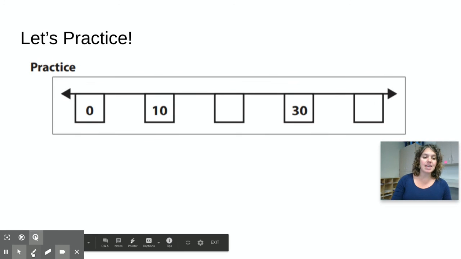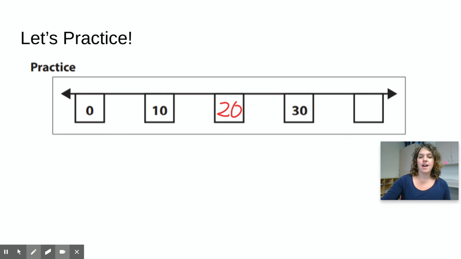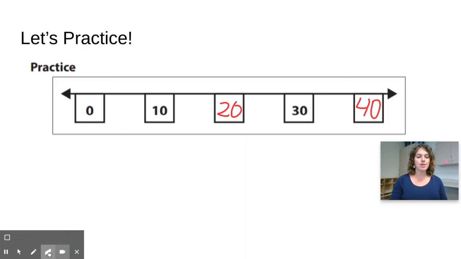So if I was looking here and figuring out what the missing numbers were, I'd say I've got 0, 10, what would come next? 20, 30, 40. Right. So we're just counting by tens moving forward. That's something that we've been practicing for a couple weeks now, so you should be able to do that pretty quickly.